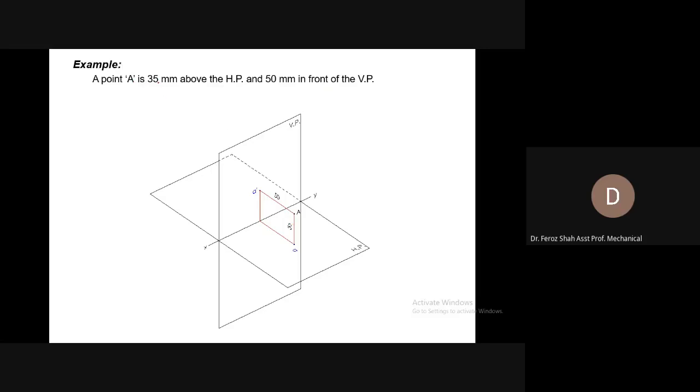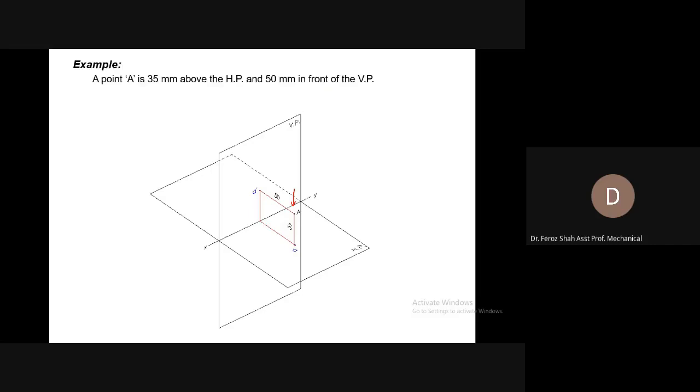And this point is 35 millimeter above the horizontal plane and 50 millimeter in front of the vertical plane. So for drawing its two views, for the top view, looking at it from above, its top view will be created on the horizontal plane at this position, which is 50 millimeter in front of the vertical plane.